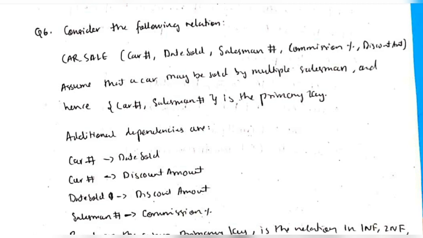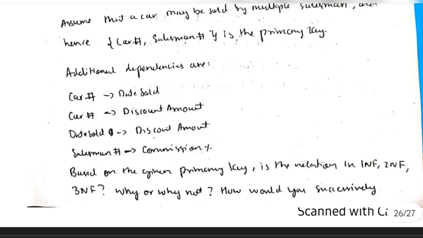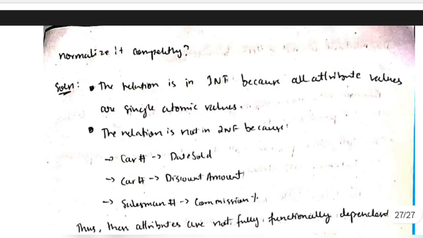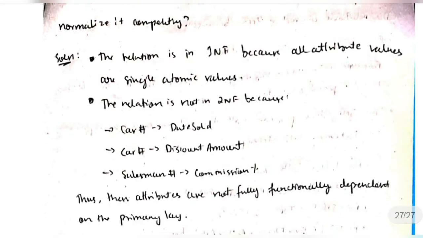Here are the dependencies given: car with date sold, car with discount amount, date sold with discount amount, and salesman with commission. If you make the schema diagram here, we'll easily understand where we have to make the changes. It is in 1NF because the attribute values are single, and it is not in 2NF because there are partial dependencies.